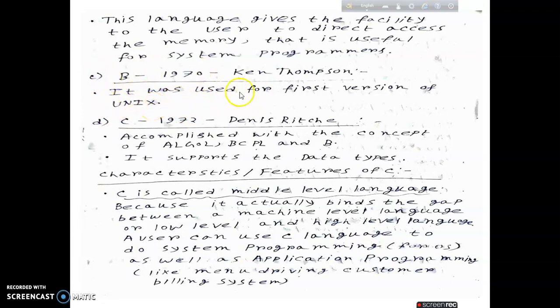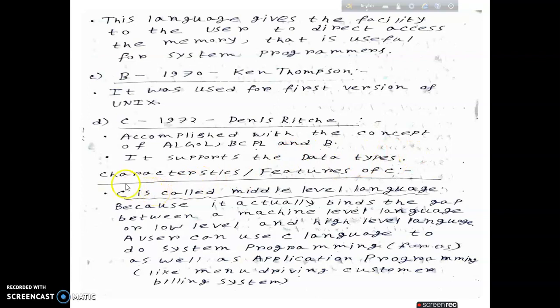Next comes C in 1972, developed by Mr. Dennis Ritchie, which incorporates the concepts of Algol, BCPL as well as B. The ancestor of C is B, B's ancestor is BCPL, and BCPL's ancestor is Algol. So first is Algol, then BCPL, then B, and after that comes C. It combines the concepts of the three languages, and C also supports data types.